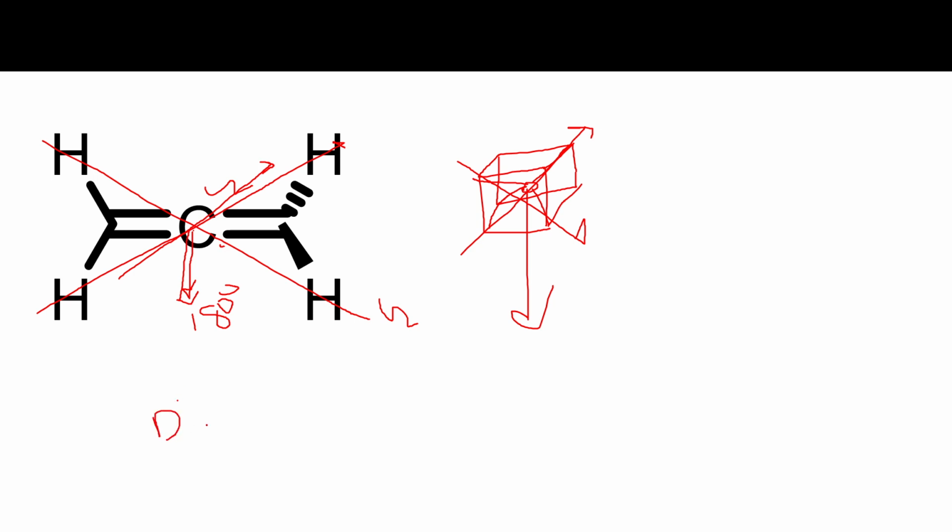Now we have to find out whether sigma V or sigma H is present or not. So this will be a D2 comparison.